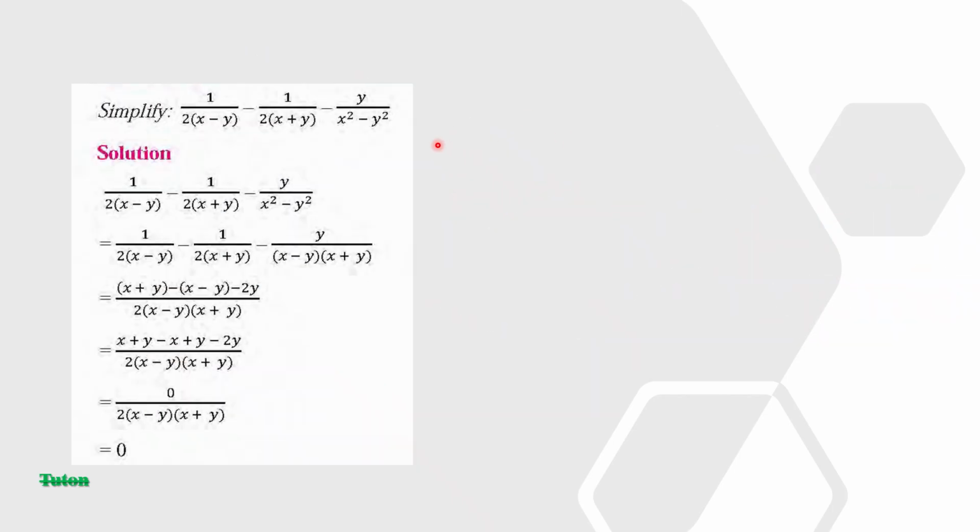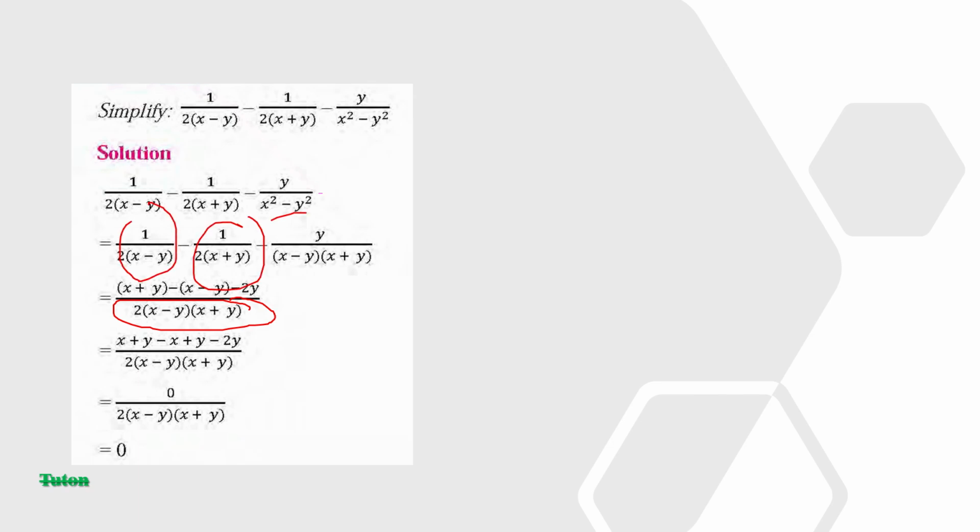We all know that we can break down x squared minus y squared into x minus y and x plus y, and then we move on to getting this term as the LCM. We find this out by a simple trick. Here we can see 3 fractions.